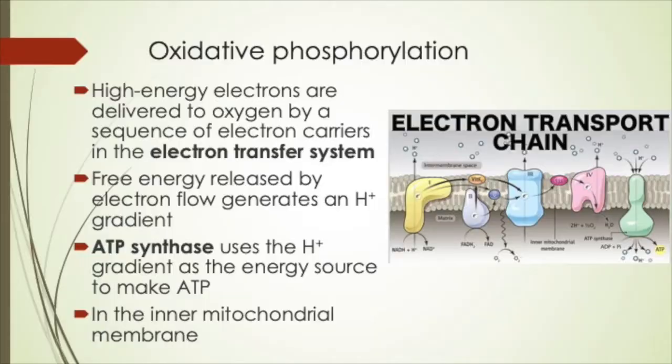This is called oxidative phosphorylation, also called the electron transfer chain or electron transport system. This whole system goes through different cycles of those membrane proteins. So you have electron transport proteins 1, 2, 3, 4, and what's called ATP synthase.